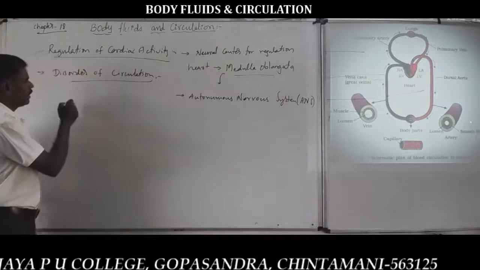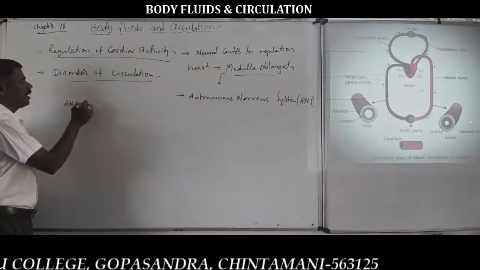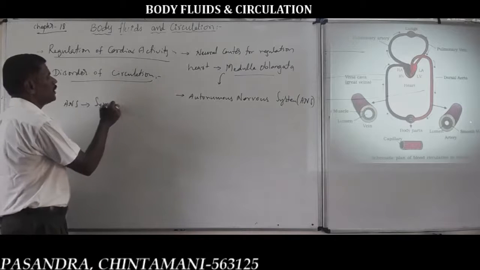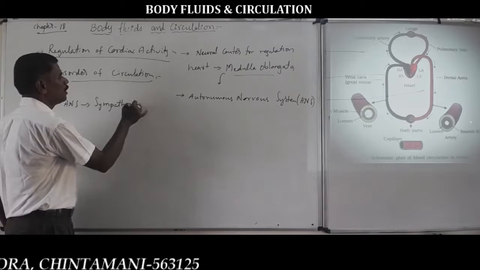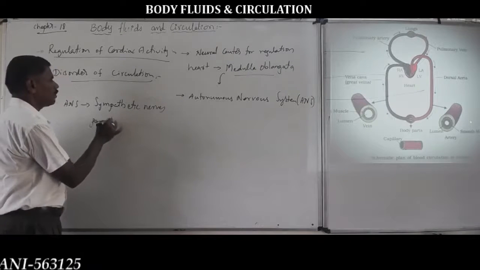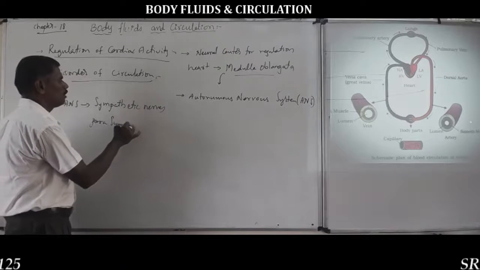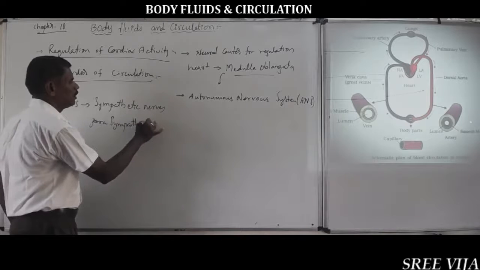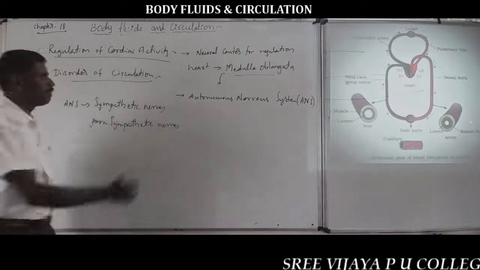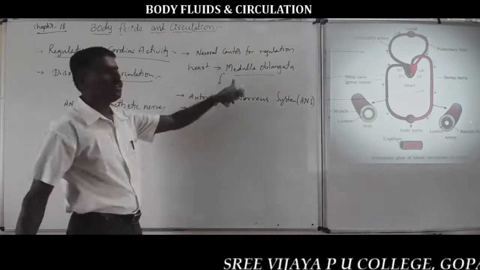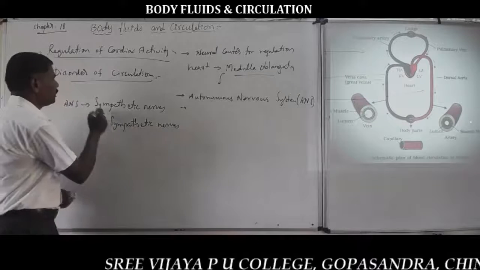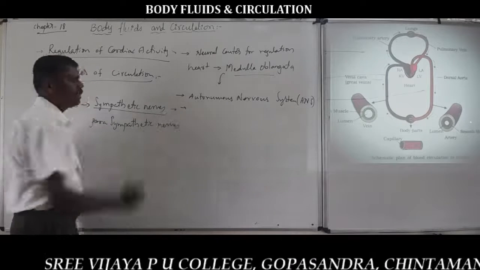As we know, the ANS consists of two components, sympathetic nerves and parasympathetic nerves. The medulla oblongata increases the heartbeat with the help of sympathetic nerves.